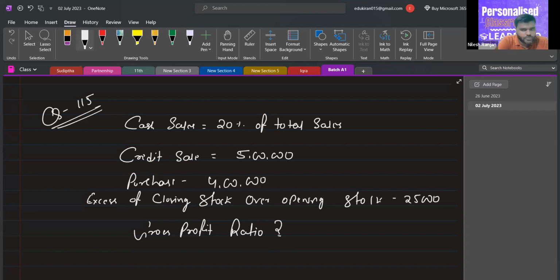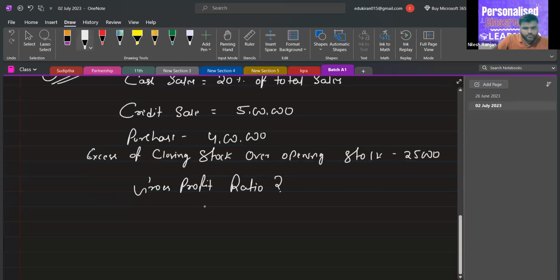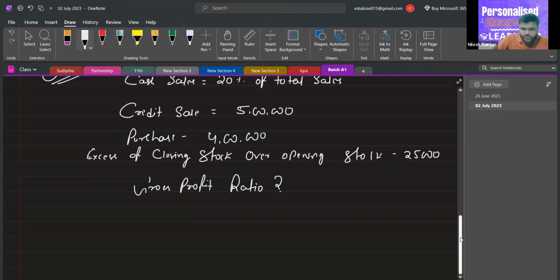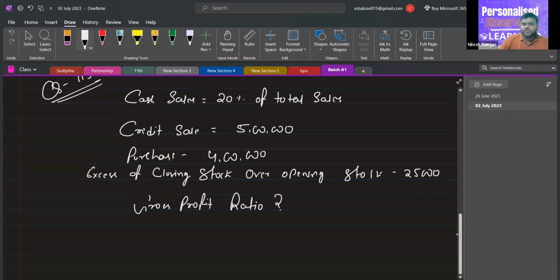So what do we have to do first? We have to find total sales. Yes, we have to calculate total sales because for this type of question, you have to see the formula of gross profit ratio.